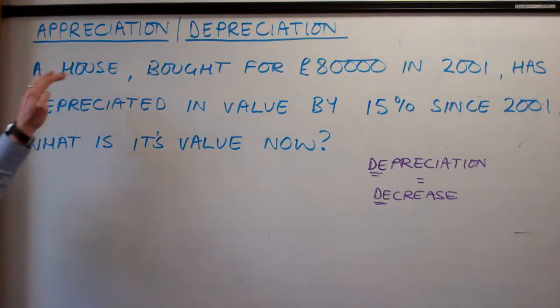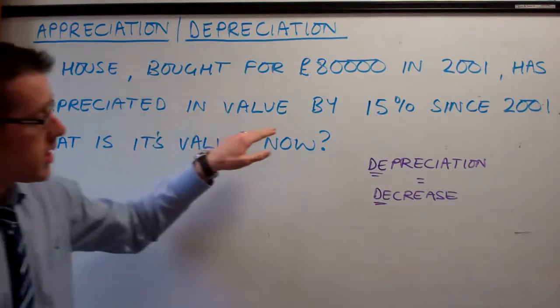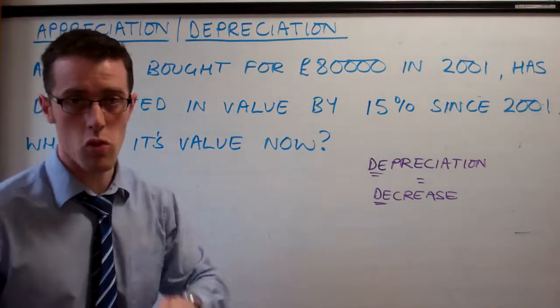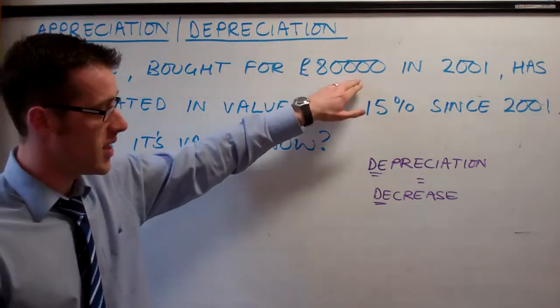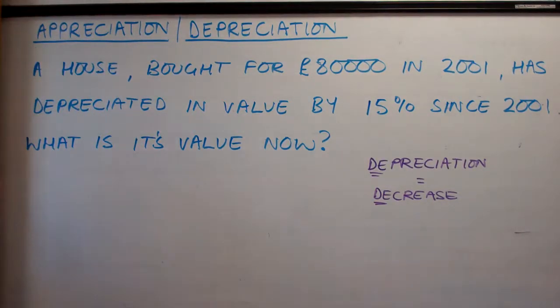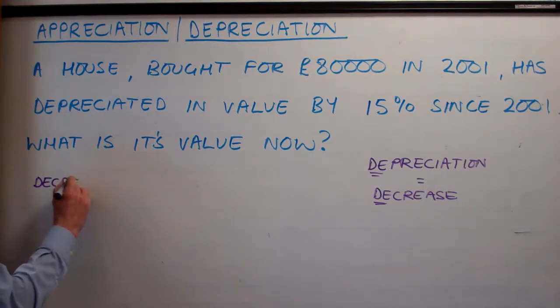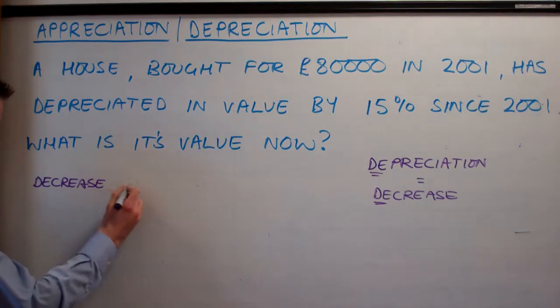Right, so the house is first worth £80,000 and it depreciates, so it decreases in value by 15%. What we're going to do is find 15% of 80,000 and then take that off that amount. So first thing we've got to do, just like before, is find the decrease.